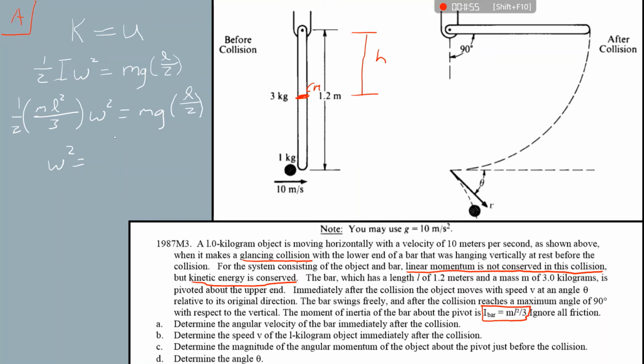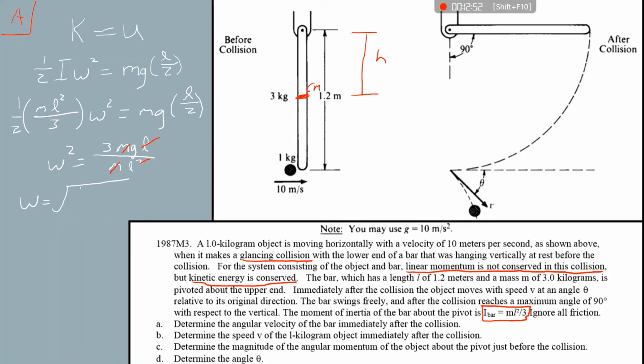So this will be 3 mgl over ml squared. Okay, so canceling. We've got 1 L, 1 L, 1 M, 1 M. Okay, what's next? Square root. Omega is equal to the square root of 3g over L.